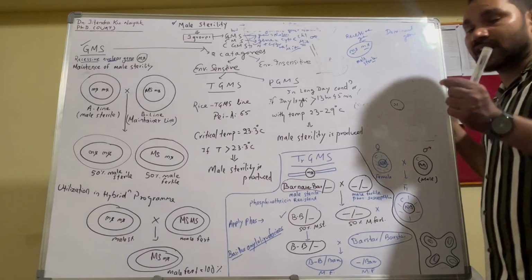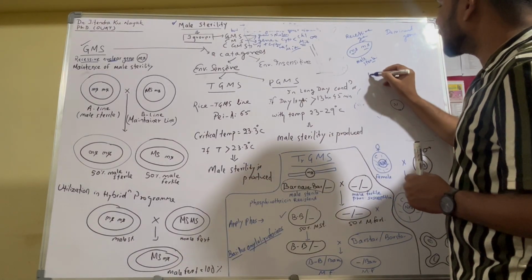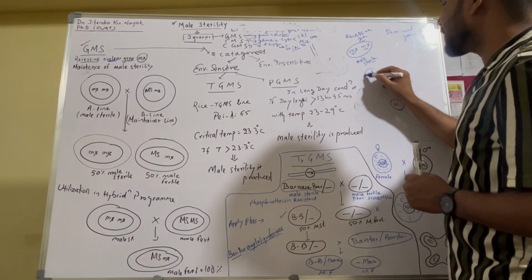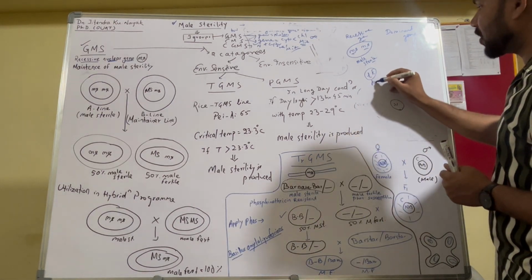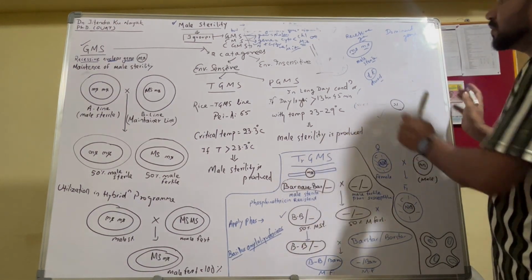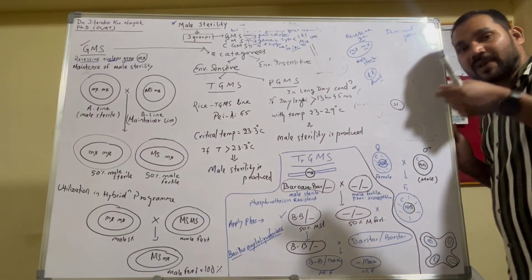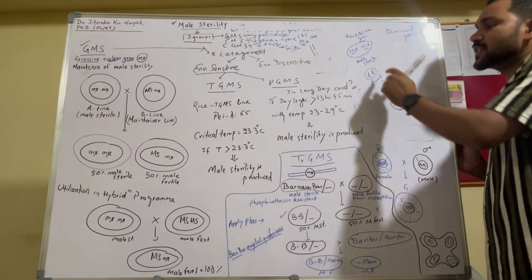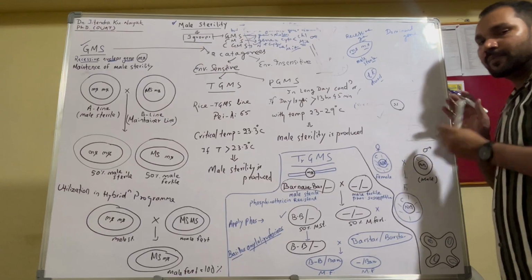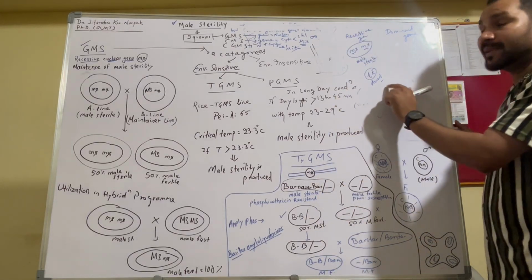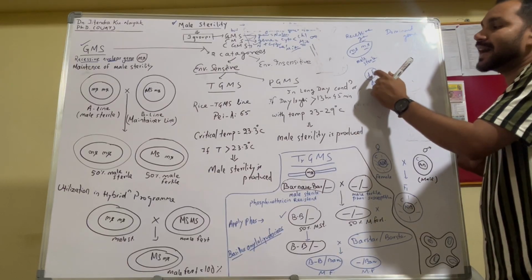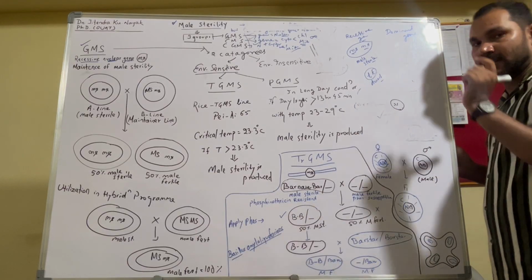Remember the Mendelian characters. For the dwarf gene, if both alleles are small t, then the plant becomes dwarf. So the recessive character, the dwarf height, is expressed when both alleles are recessive.